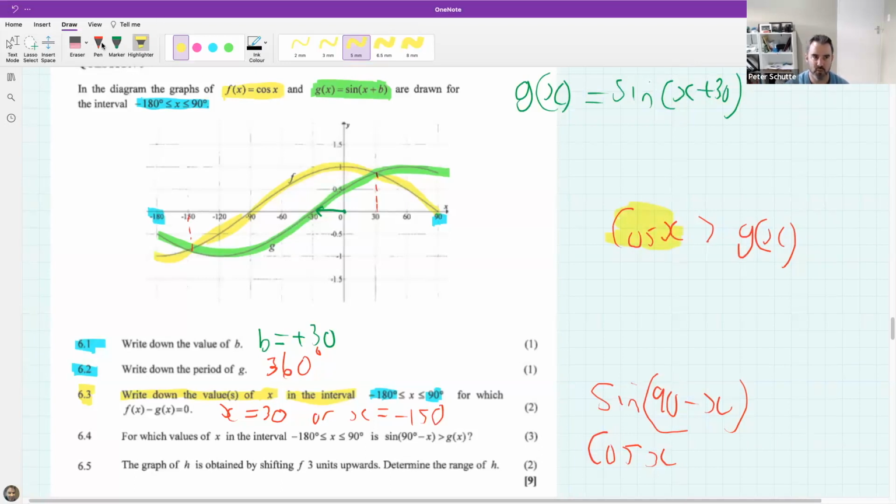So in some ways, what this is saying is, when is f of x greater than g of x? For which x values is that true? Or if I use my colors, when is yellow above green? I want you to think about what answer you would give for that.